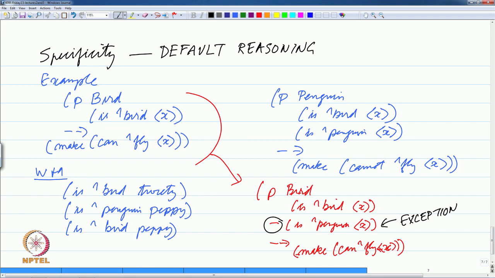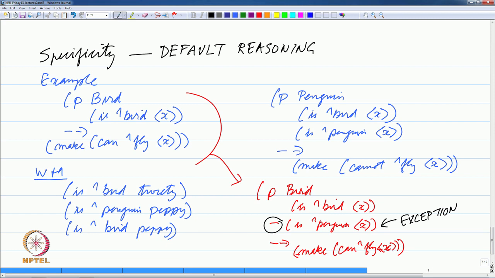Now, obviously, this business of adding exceptions can be very painful essentially. You cannot keep on adding an exception for any such thing essentially. So, later in the course when we look at default reasoning, we will see how we can get around this problem essentially. But for the moment, what I want to really emphasize is the fact that specificity allows us to do default reasoning, that if we have more information, we would make a different conclusion.